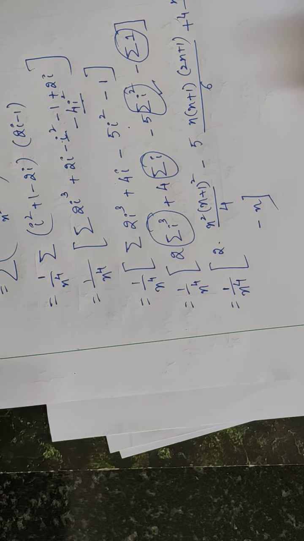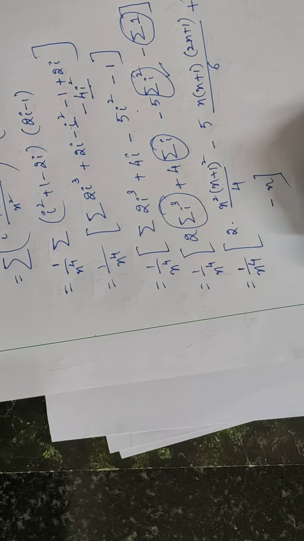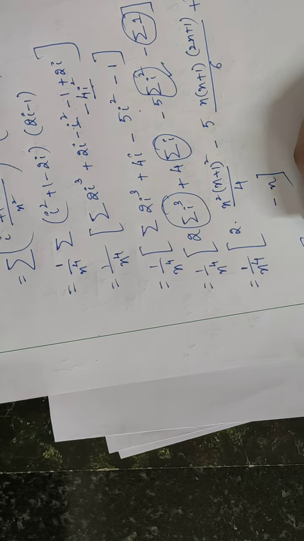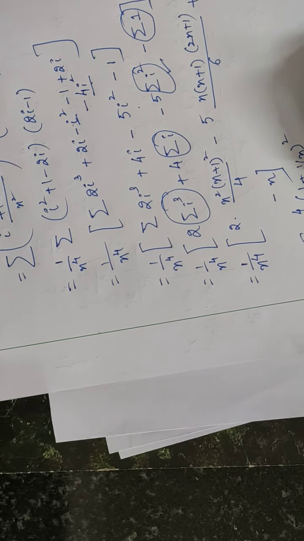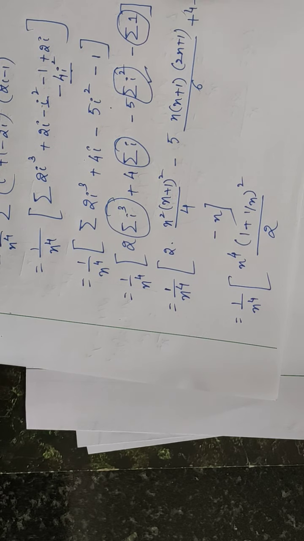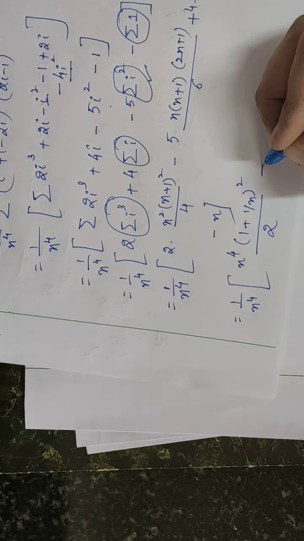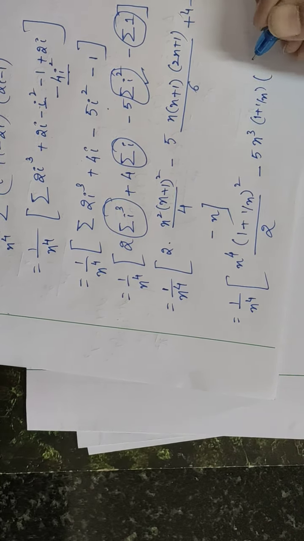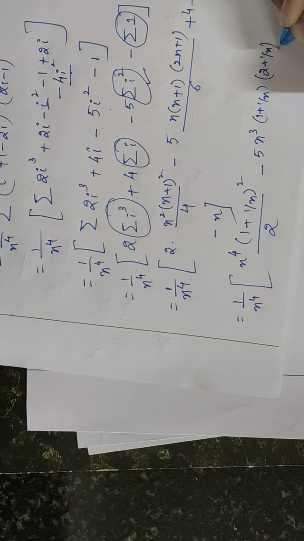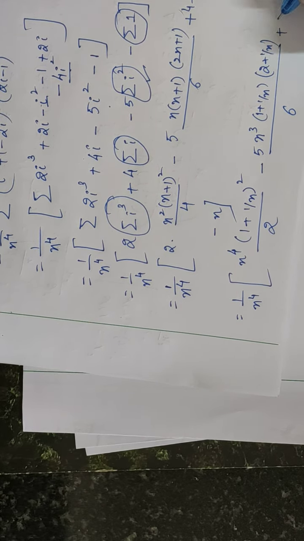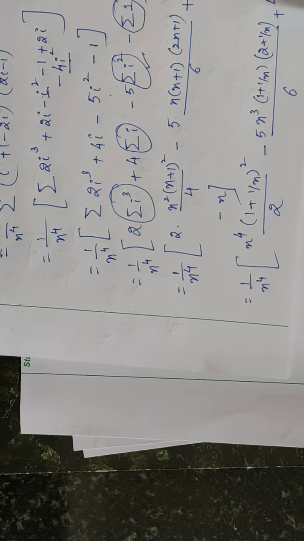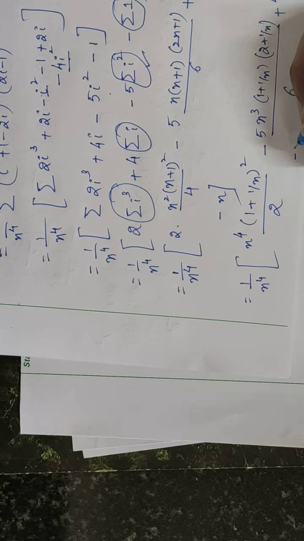If you simplify this, you will get this equal to 1 over n power 4, where I will take n power 4 as common. So it will be (1 plus 1 by n) the whole square divided by 2, minus 5 n cube (1 plus 1 by n)(2 plus 1 by n) divided by 6, plus 4n square (1 plus 1 by n) divided by 2, minus n.